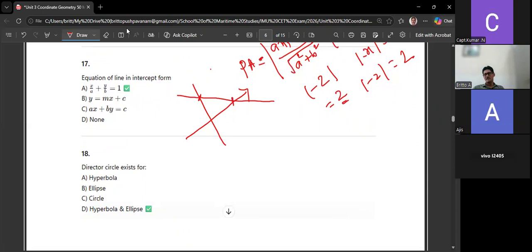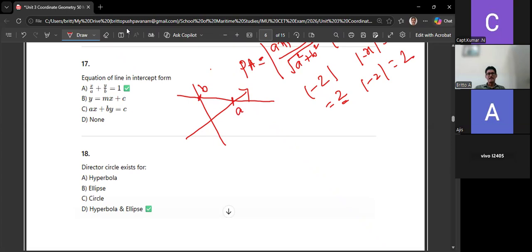Every straight line intersects at a maximum of 2 points, or a minimum of 1 point. Minimum 1 point means it is a line parallel to the y-axis or parallel to the x-axis, or it passes through the origin. These three lines only intersect at 1 point. Otherwise, it intersects at 2 points: in the x-axis one point and the y-axis the other. So if it intersects at this point, we take this point as A, and this as B.